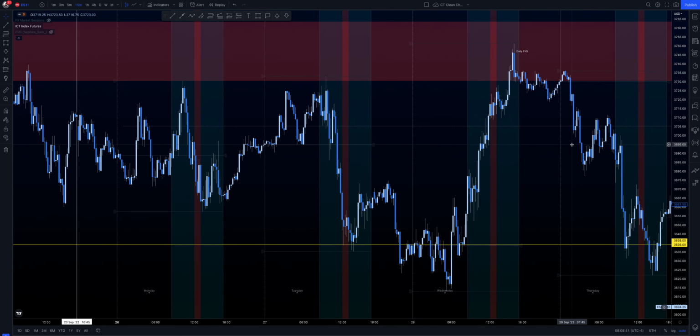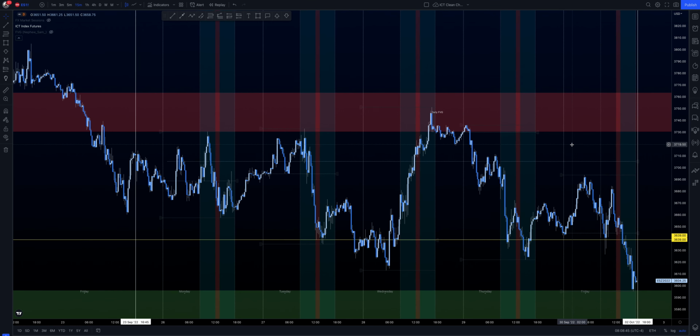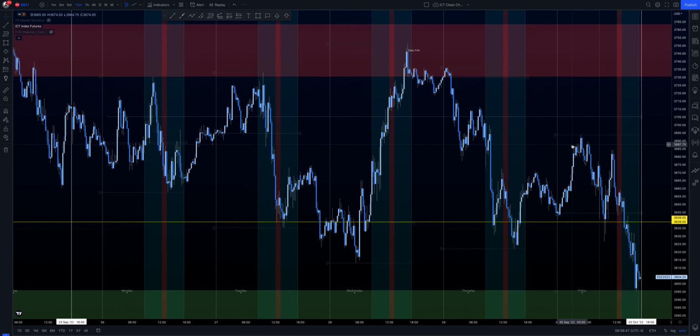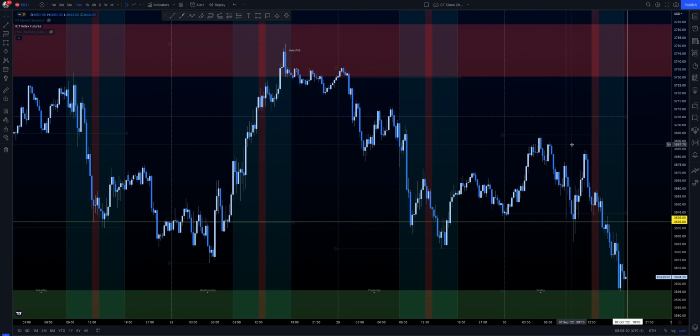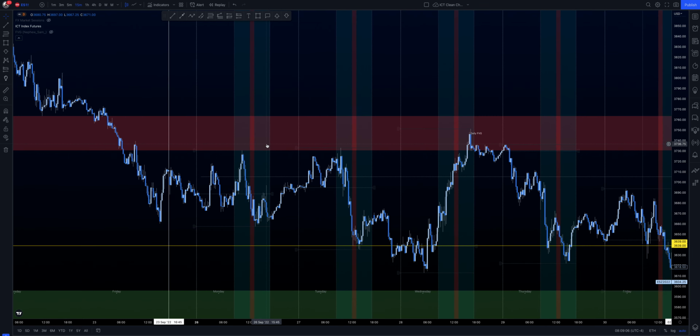So having a look there up until Friday, we've had 3 potential opportunities. And then also one here as well on Friday, which would have been another opportunity to get short. So we've got 4 opportunities in total.